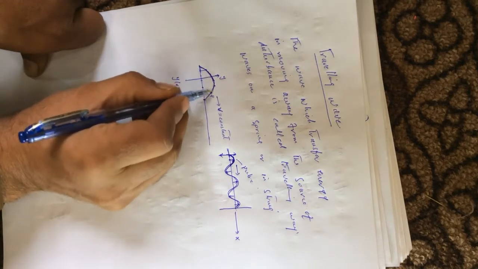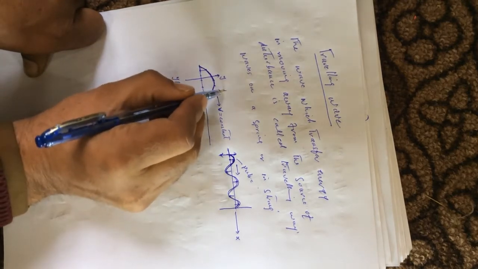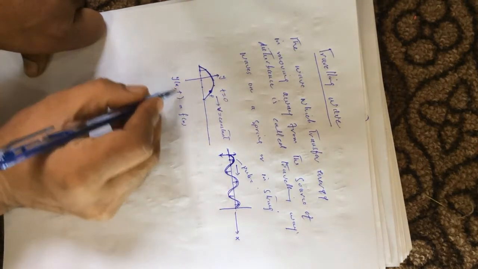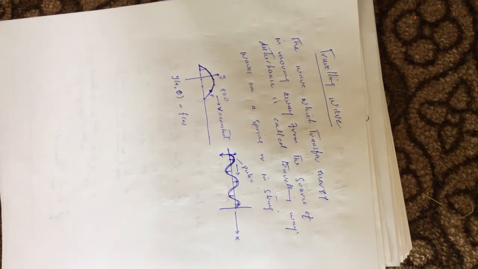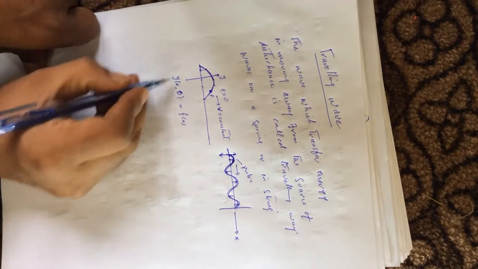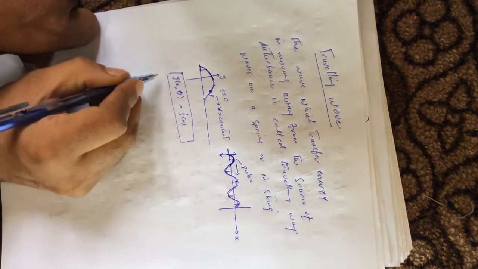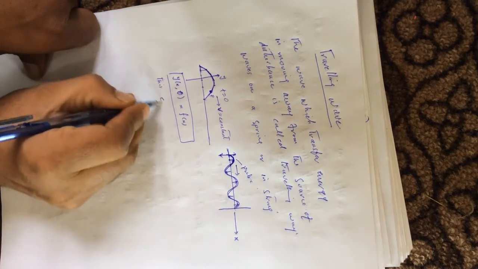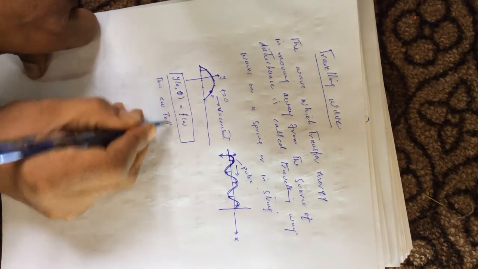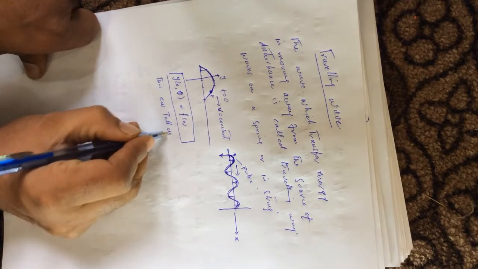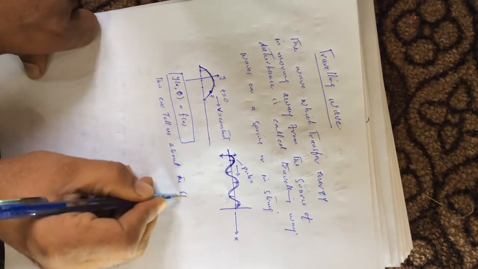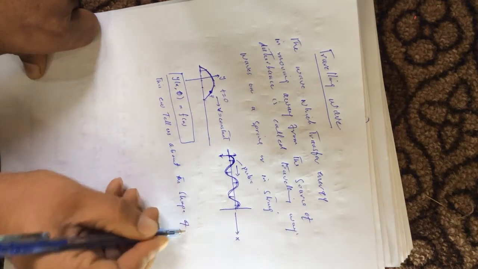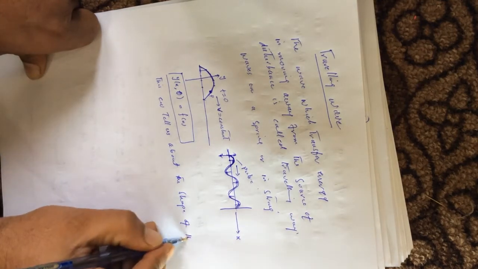Now this is the pulse we create at time t equal to 0, like the initial pulse created in the string. Now this equation tells us about the shape of the wave.